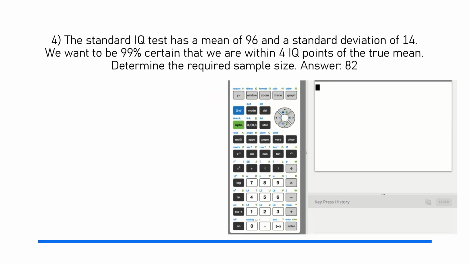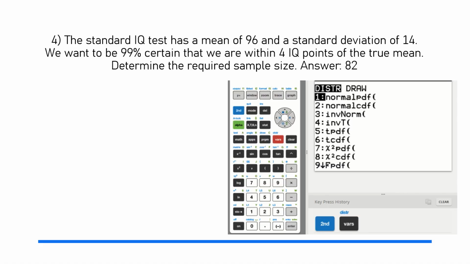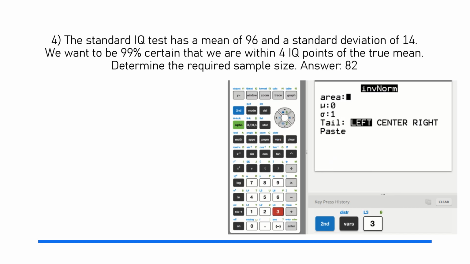So you should already have the formula, and we're just going to talk about how to get it into a calculator. Sometimes you're provided with a list of critical values for certain confidence intervals, but just in case you aren't, and you need that Z sub C, then second vars and 3.